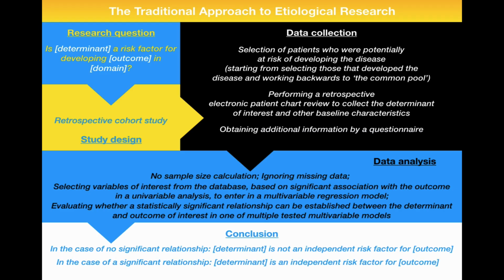And in the case of a significant relationship, the determinant is claimed to be an independent risk factor for outcome, ignoring the influences of confounding, overfitting of models, and the lack of generalizability in the study findings.